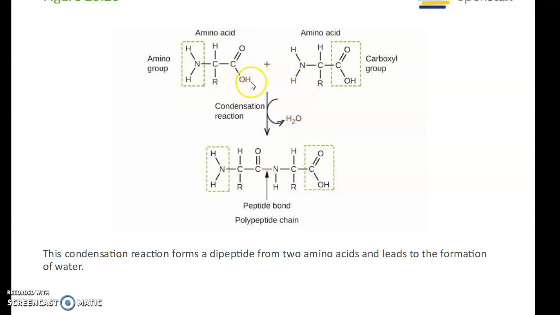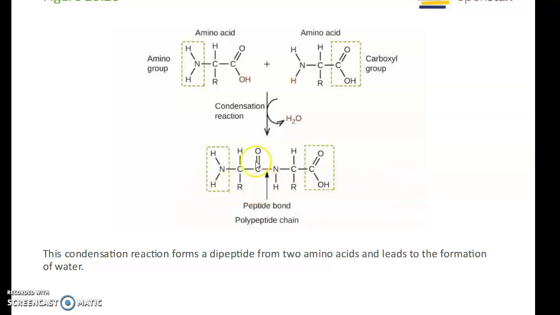So these form water, and whatever this one happens to be becomes this portion of the peptide, and this one becomes this portion of the peptide. And this can continue on and on to get a polypeptide chain, and a polypeptide chain of long duration is just a simple protein.